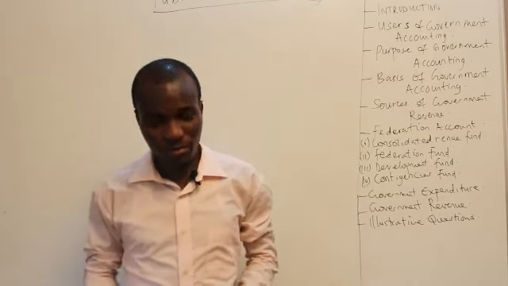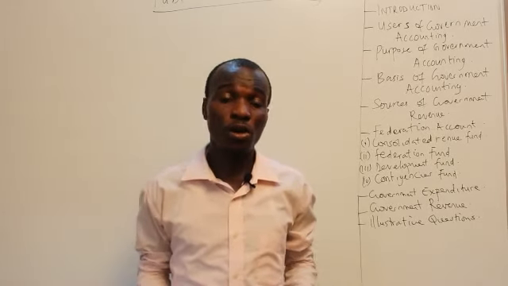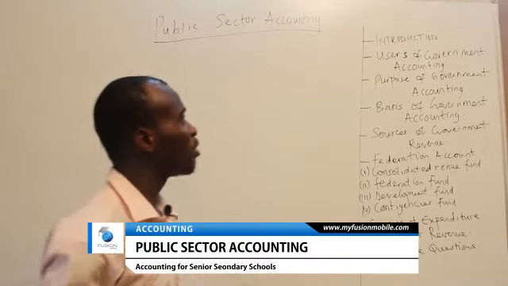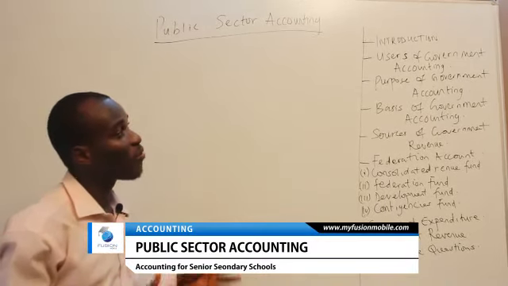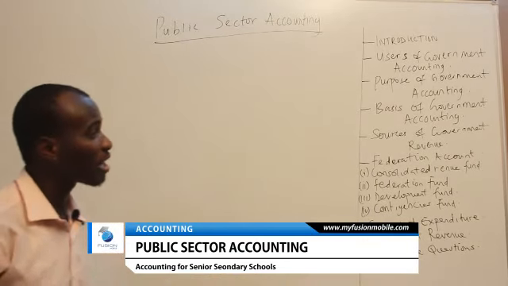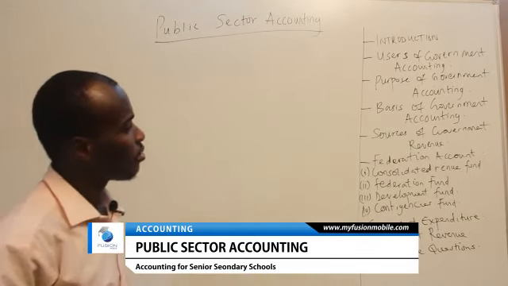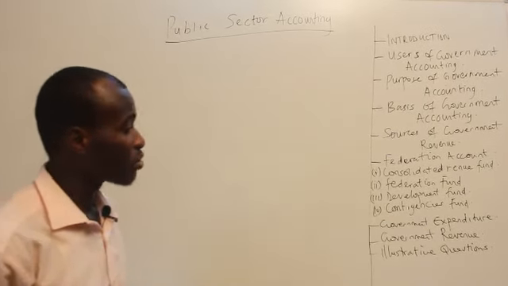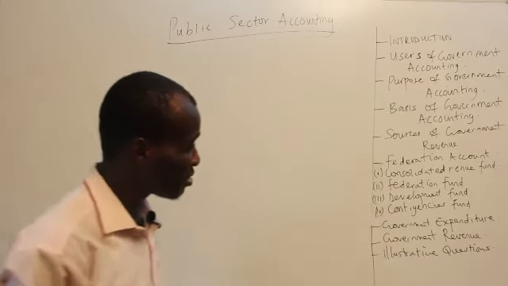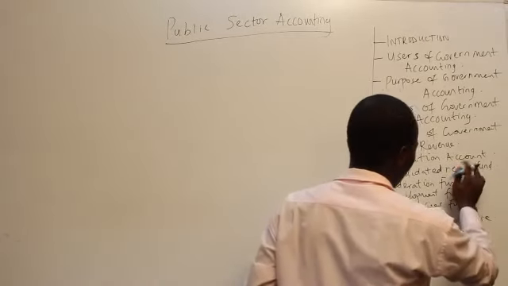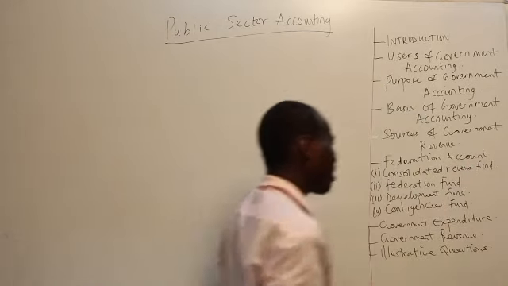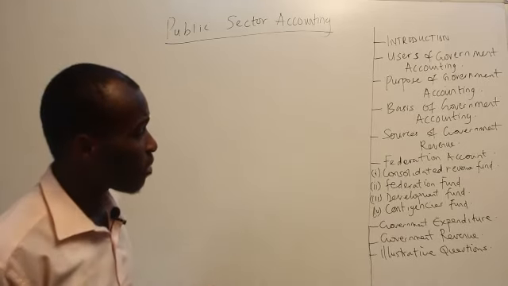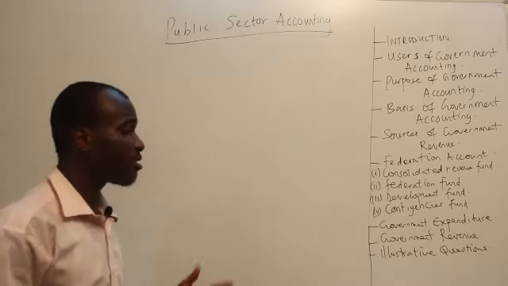I'm Odokubik Pelumi, the accounting tutor, and I will be teaching this class on public sector accounting. We will be looking at the introduction, the users of government accounting, the purpose of government accounting, the basis of government accounting, and the sources of government revenue, whereby we will be looking at the federation accounts, which consist of the consolidated revenue fund, federation fund, development funds, and contingencies funds.